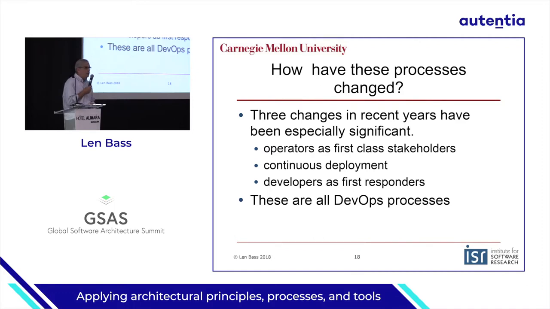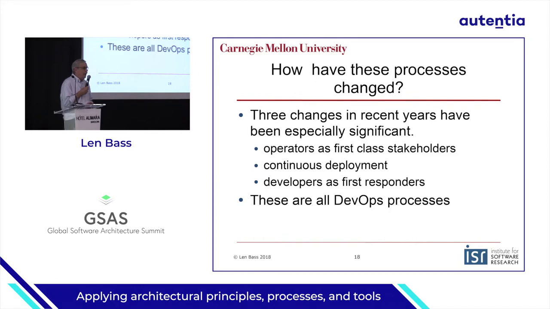Okay, how have these processes changed over time? It turns out that the DevOps movement, so my history is that I get bored easily. And so if you look at the various things that I've done, it kind of reflects that. I was in software architecture for a long time because that turns out to be a very rich domain.